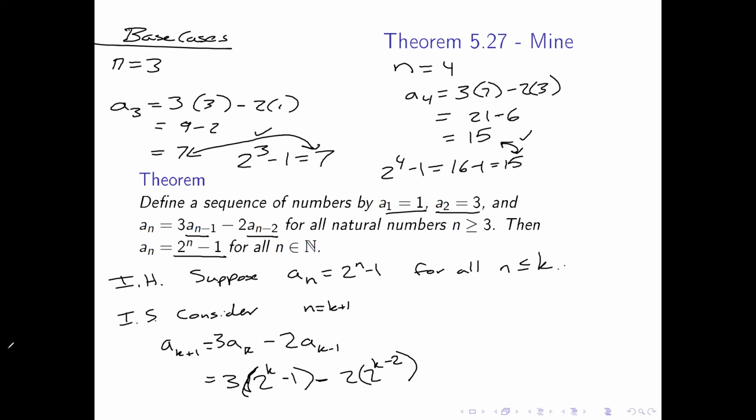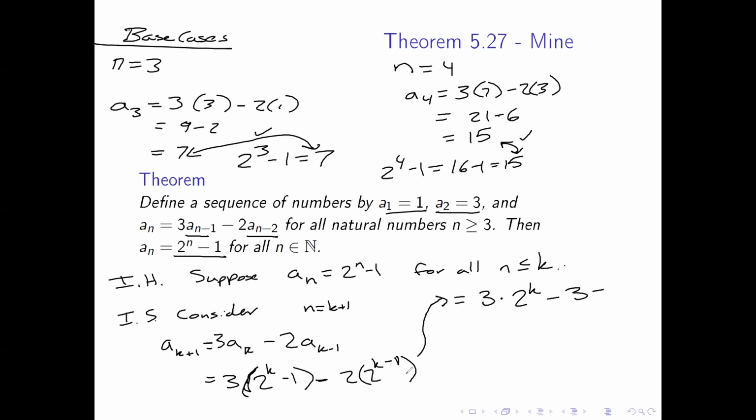Sorry, this should be 2 to the k minus 1 in the second term's exponent for a sub k minus 1. I'll keep it on the same screen so I'm not having to get a new screen. I'm going to multiply this out. It's going to be 3 times 2 to the k minus 3.